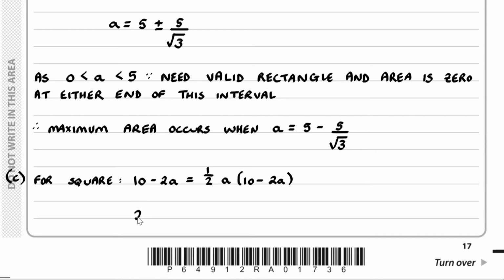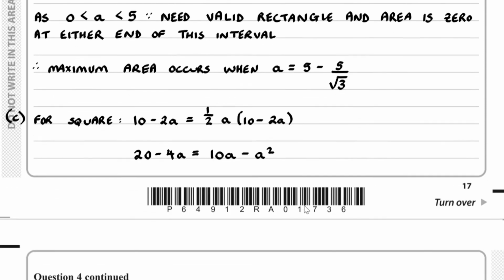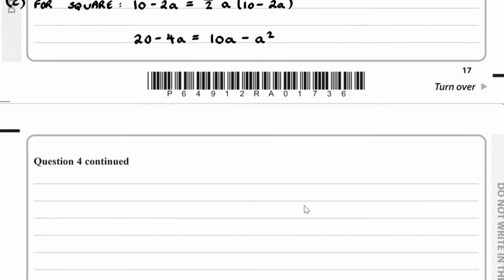So we have 20 subtract 4a equals 10a subtract a squared. And if we rearrange, we would have a squared subtract 14a plus 20 equals 0.